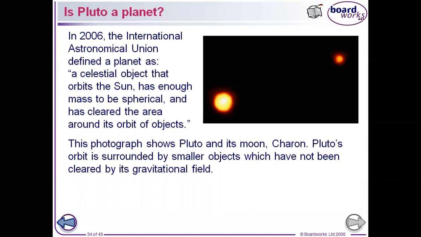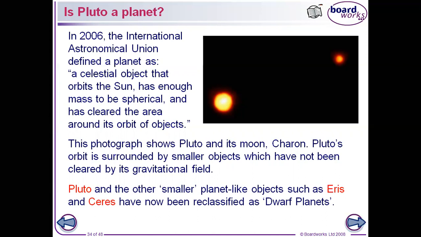Now, this photograph here shows Pluto and its moon. Pluto's orbit is actually surrounded by smaller objects, so it has not really cleared its orbit. We have a lot of dwarf planets around that region.